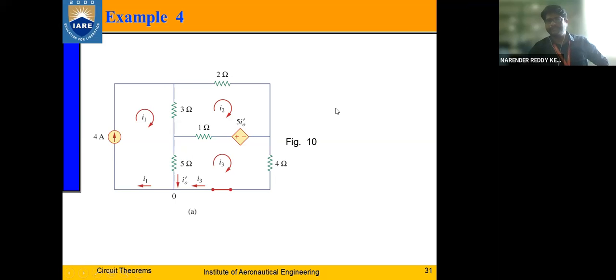So you just solve them for getting I2 and I3, because I already have the value of I1 substituted as 4. So you need to find I2 and I3. Are you able to finalize the equations?